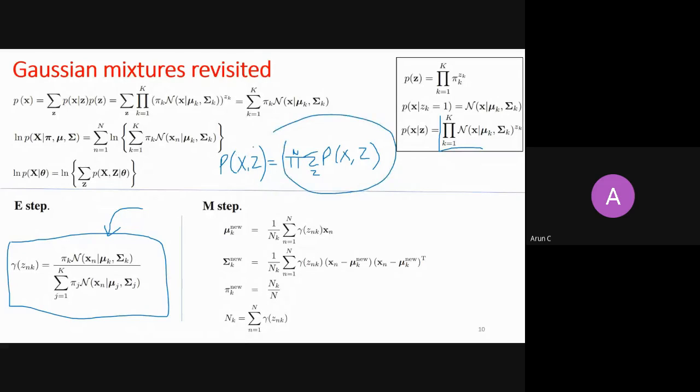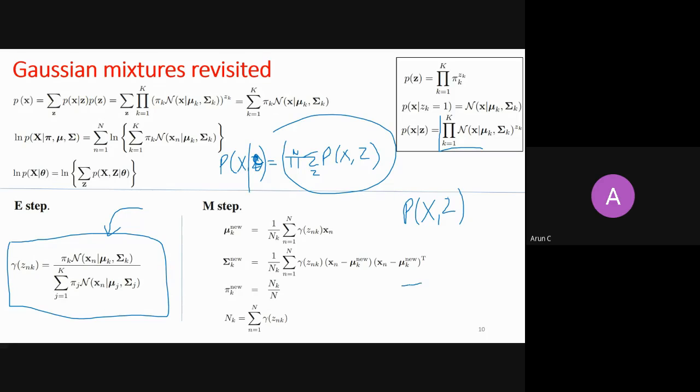So this is nothing but the probability of x given theta, right? If I want to maximize my expected log likelihood, that is incomplete, so I want to write this first. This is my x comma z, and you can write it this way.